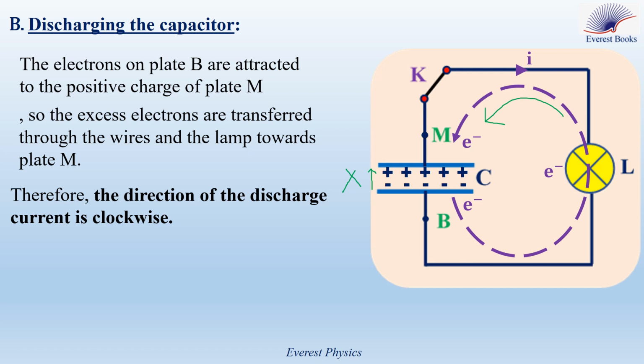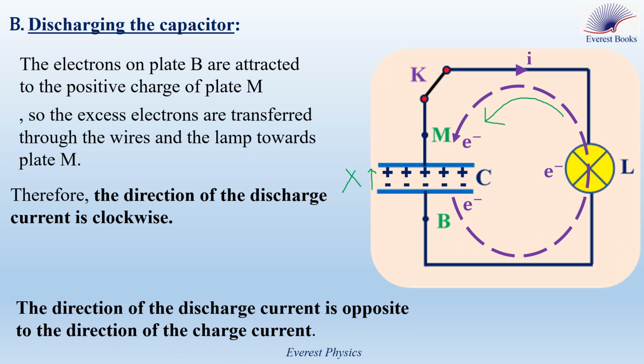In the charge circuit, the charge current flows into the positive plate of the capacitor. But look at the discharge circuit. The discharge current flows out from the positive plate of the capacitor. So, the direction of the discharge current is opposite to the direction of the charge current.